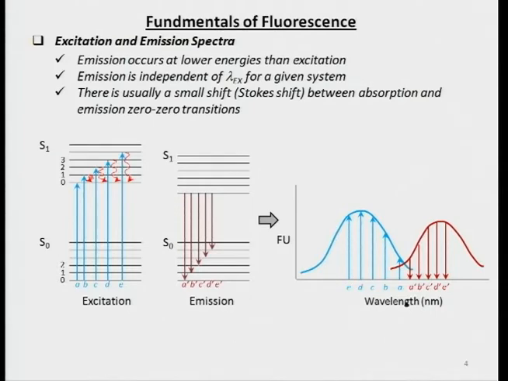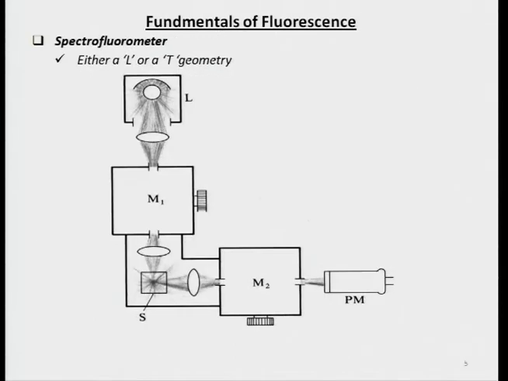So usually there is a small difference. Not only that, there has to be some overlap. You can't really expect to measure this at one end of the spectrum and that at a completely different end of the spectrum with absolutely nothing in between. That typically doesn't happen.